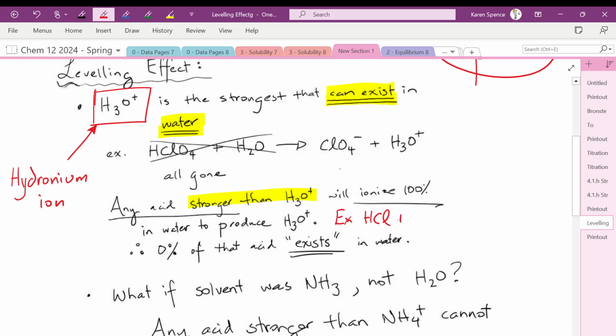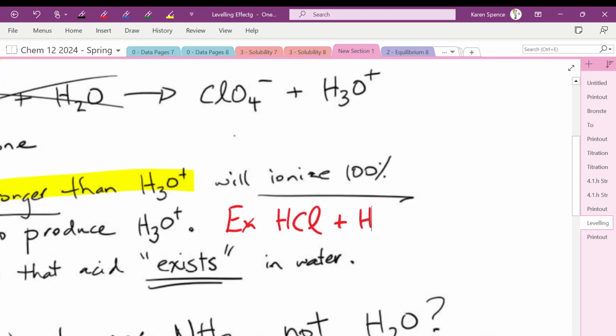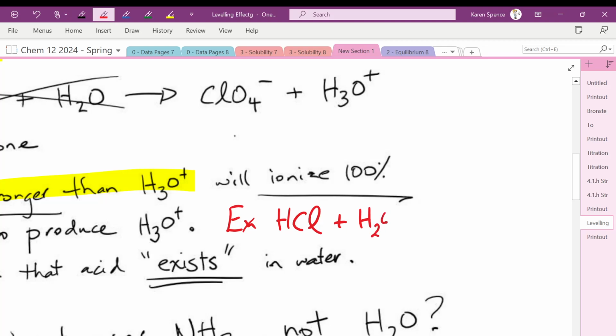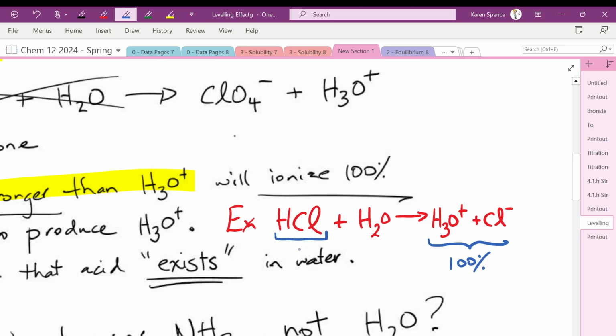Well, all of the HCl is going to react with H2O, and you'll end up with H3O+ and Cl-. We have now 100% of that. How much do we have of this? We have none. Does that make sense?